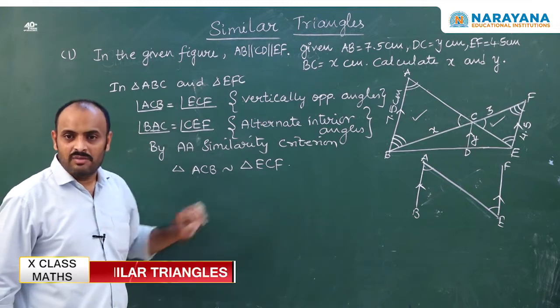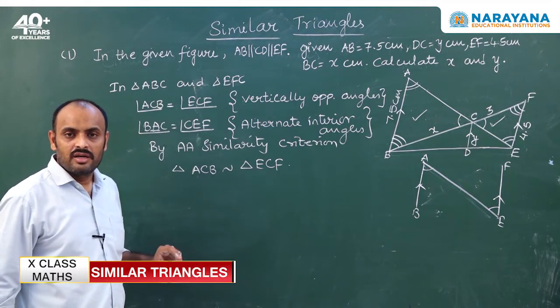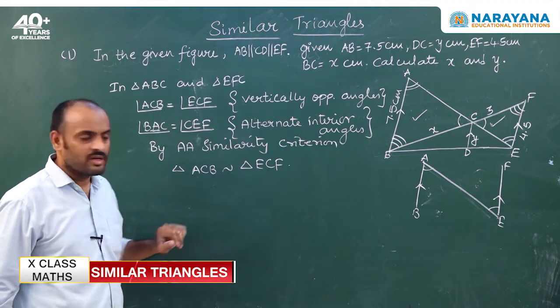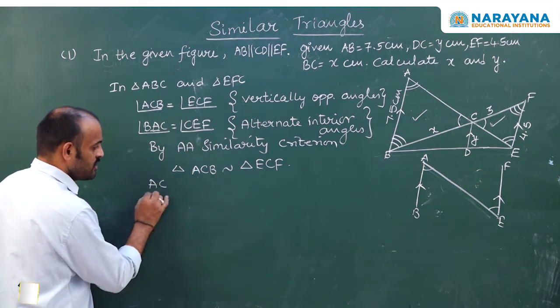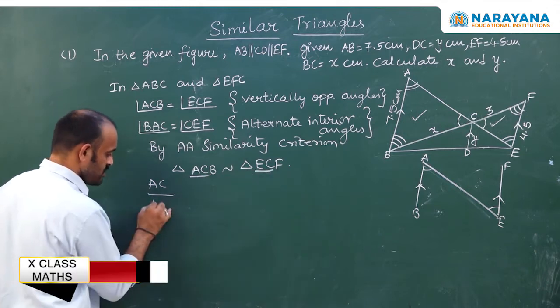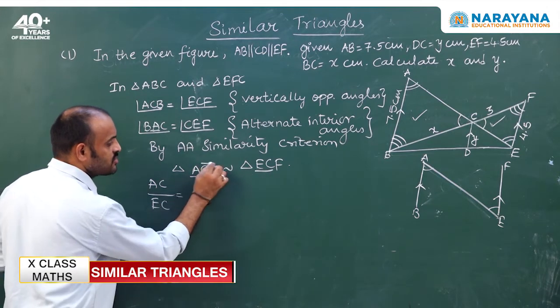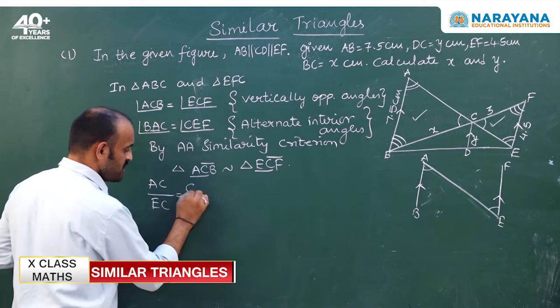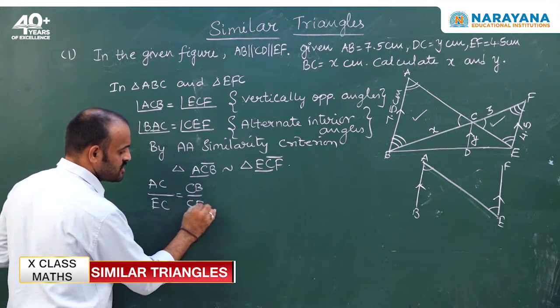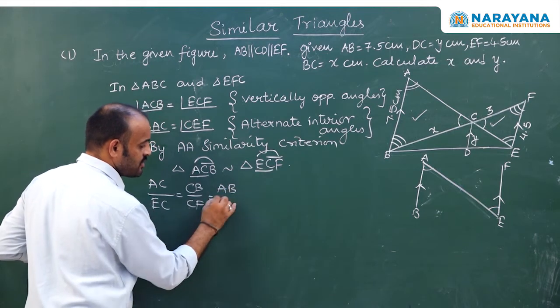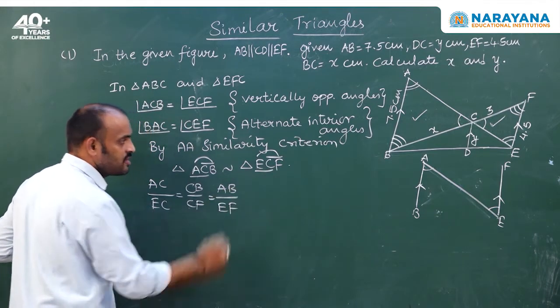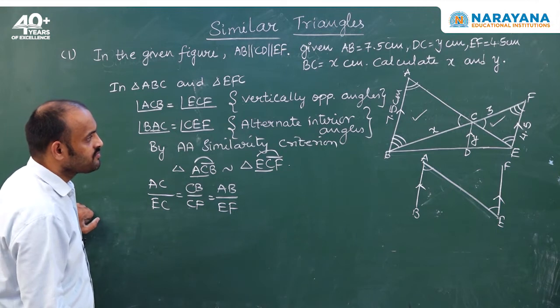Once the triangles are similar, the ratio of the corresponding sides are equal. AC by EC is equal to CB by CF is equal to AB by EF. So, what is AC length here?